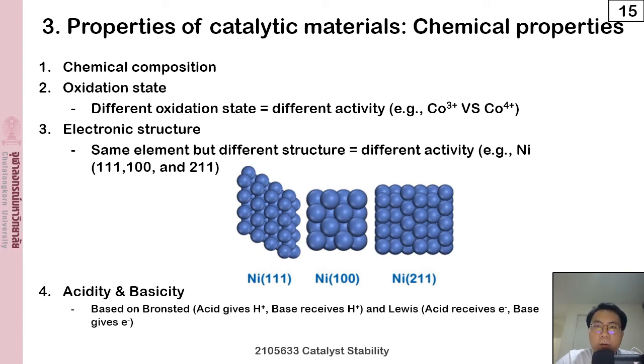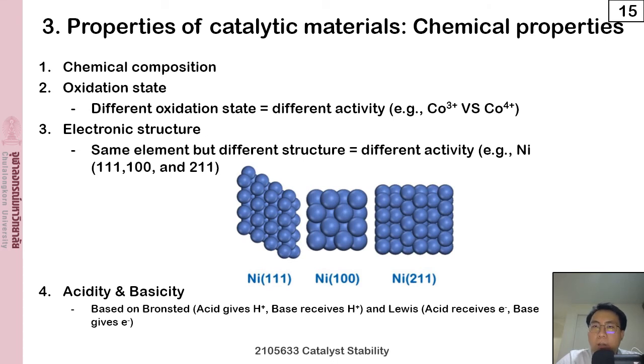So an example is if you have the same catalyst of the same element, for example, cobalt supported on an alumina support, but catalyst number 1 is composed mainly of cobalt 3 plus, while the other one is composed mainly of cobalt 4 plus.